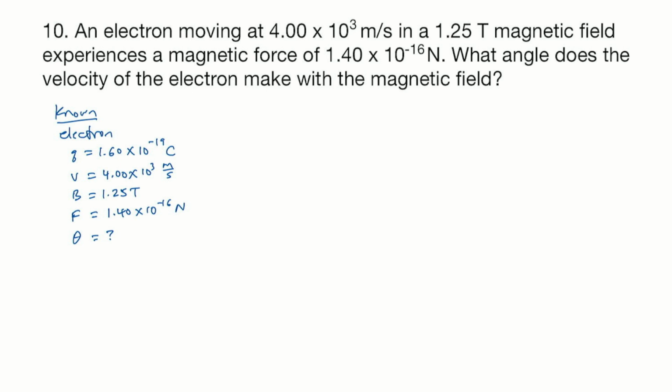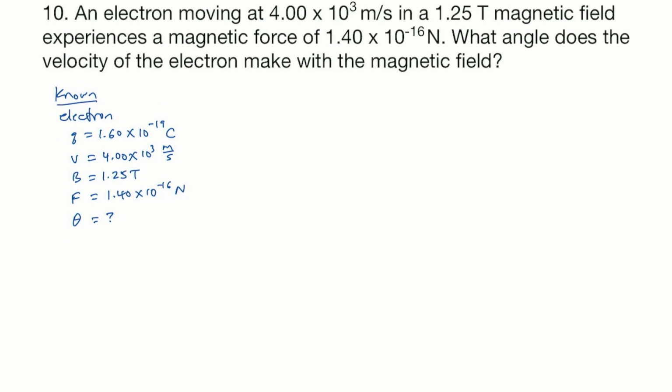Okay, so we will have two possibilities, and that is because the sine of theta is equal to the sine of 180 minus theta. So we're going to have two answers.